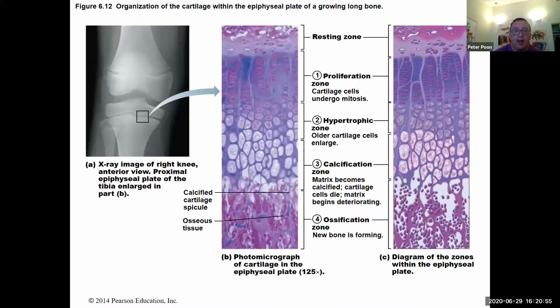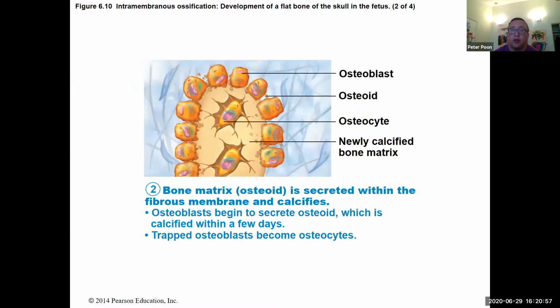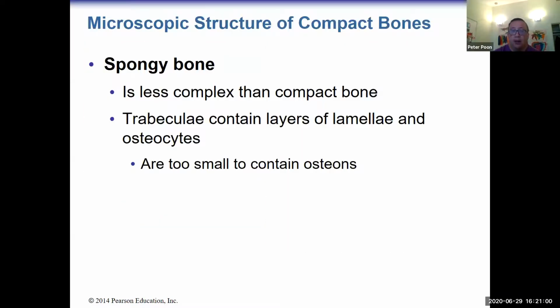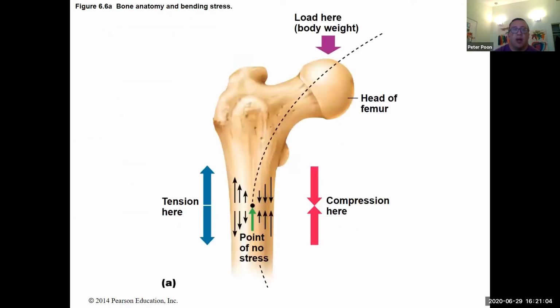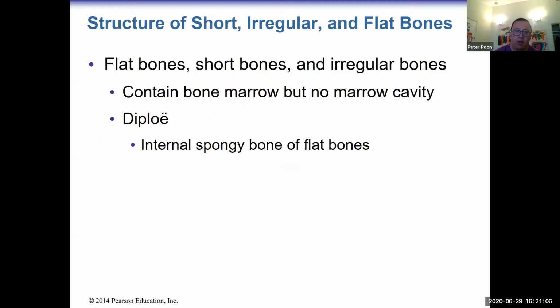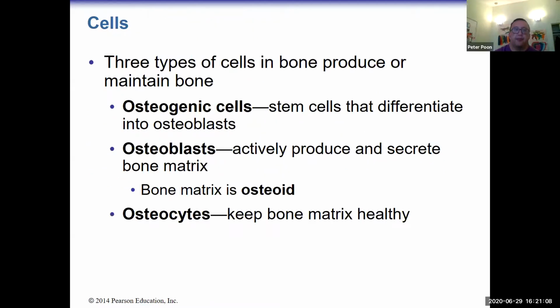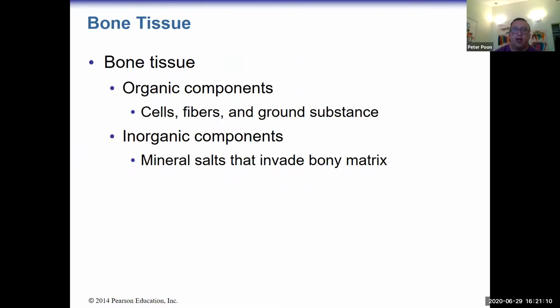The other thing that happens is the disease where you don't have the organic components. When you don't have the organic components, what happens is the bone becomes too stiff. It becomes brittle.